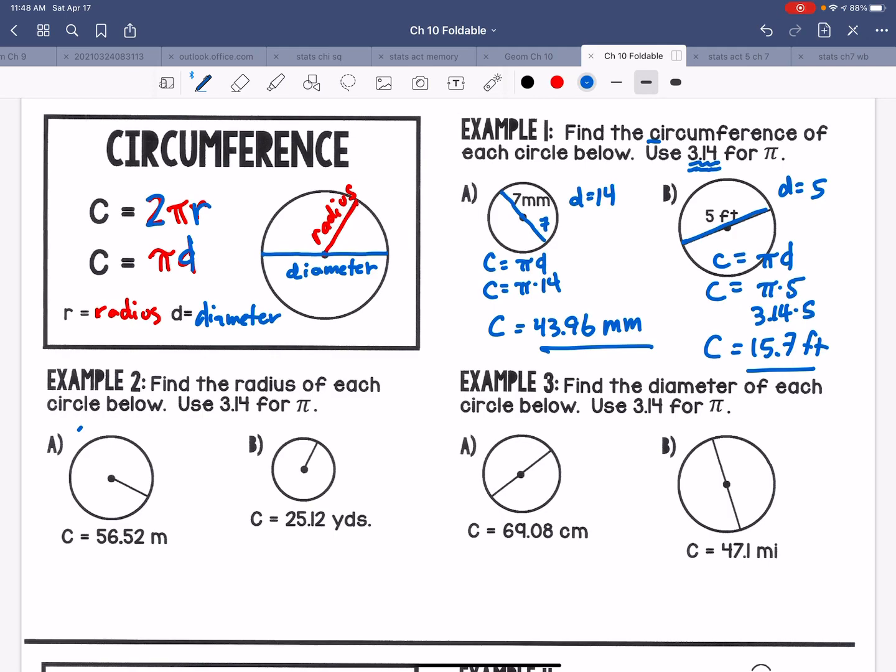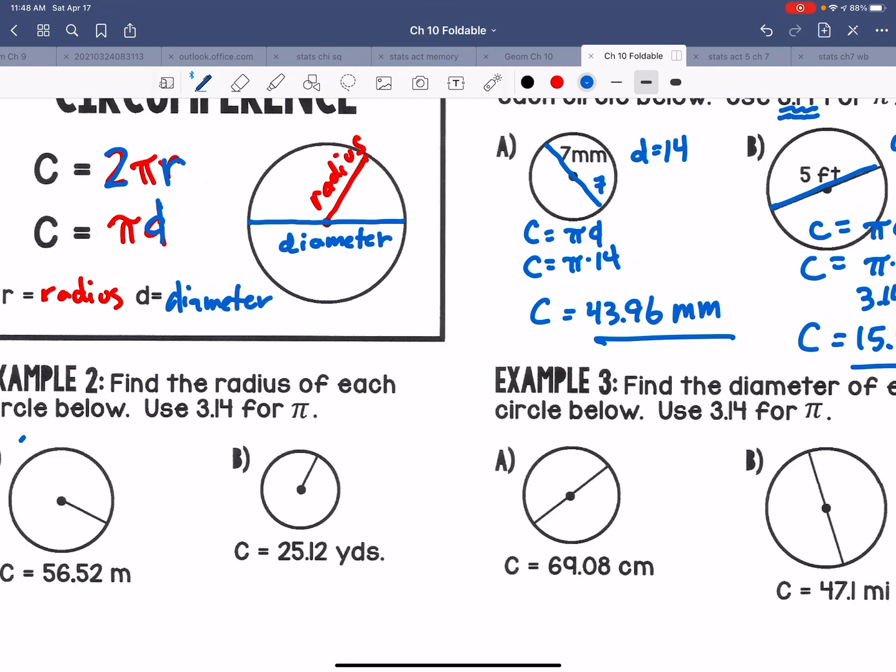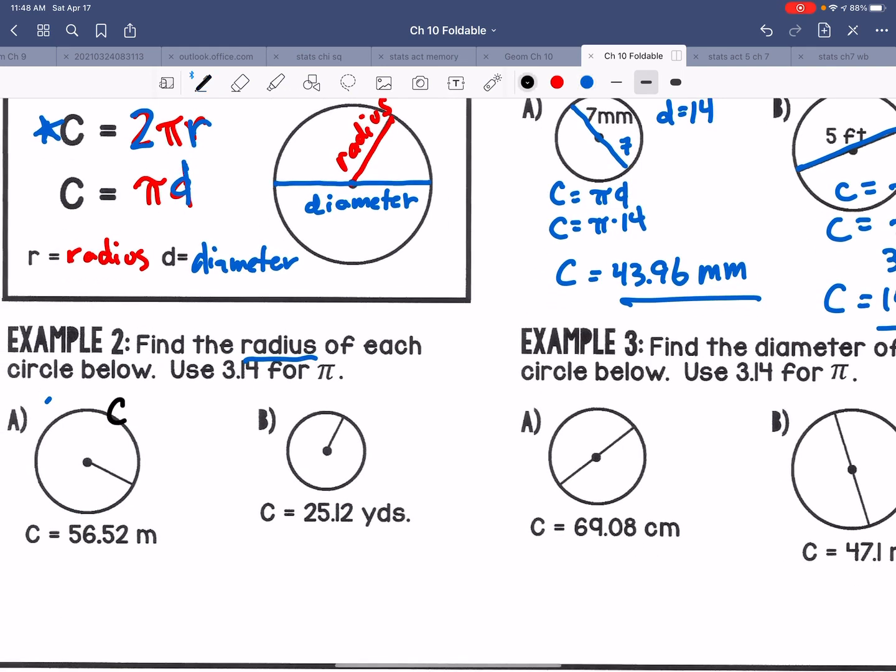Example 2, now they're asking us to work the problem backwards and solve for the radius. So I'm going to use this first formula because it has r in it, right? So circumference is 2 pi r. So here we're given the circumference. We can plug that in for C. So we can write this 56.52 is 2 times pi times r.